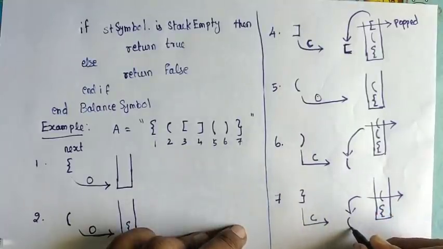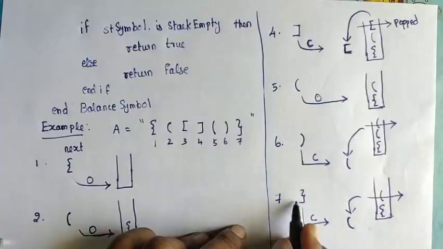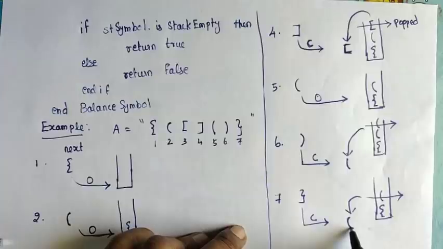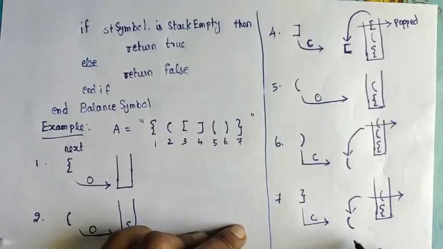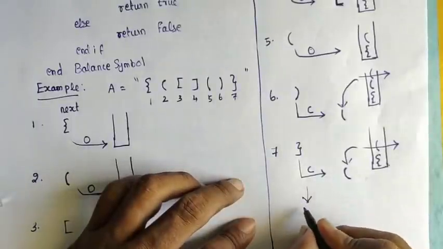This one. You check whether this is the corresponding closing and opening. Here it is not the corresponding opening symbol. This is the next input closing symbol, but the stack does not have the corresponding opening symbol. So in that case it needs to return false. The result is return false.